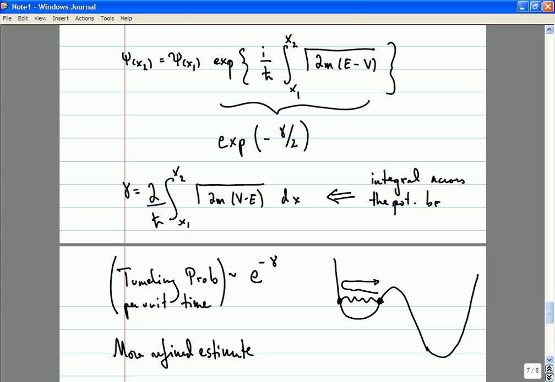And from this expression, you can see that if you have a very big potential barrier, then tunneling is going to be very unlikely. And if you have a very small potential barrier, then tunneling is going to be very likely.